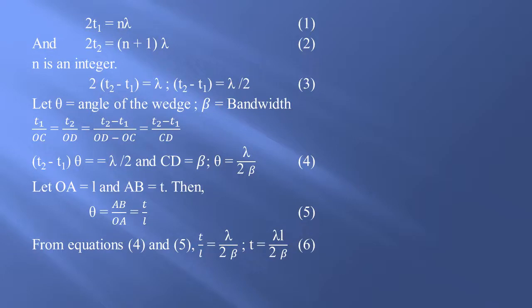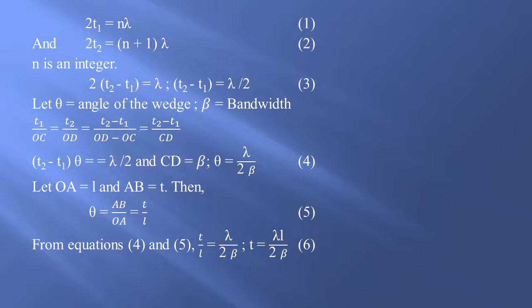Let T1 and T2 represent the thicknesses of the air film at two successive dark bands C and D respectively, and lambda is the wavelength of light used. Then 2T1 is equal to n lambda and 2T2 is equal to (n plus 1) lambda, where n is an integer.